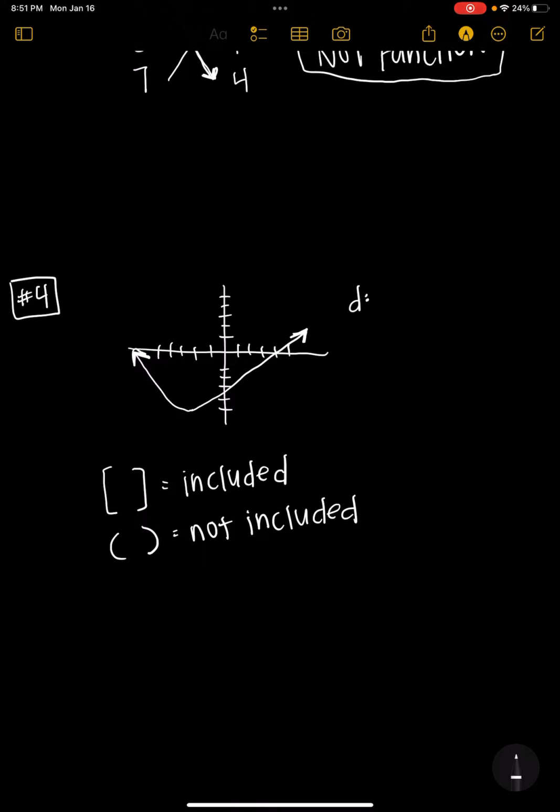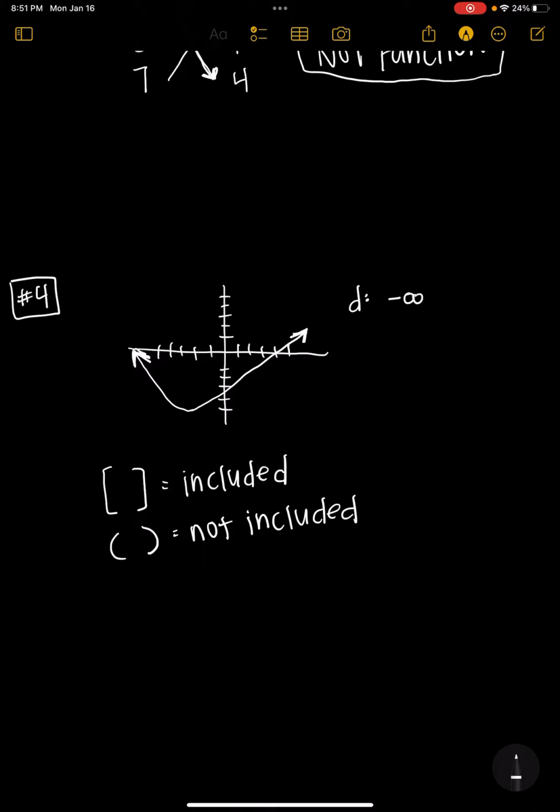Instead, the way that you want to think about it is the very leftmost x to the very rightmost x for the domain. In this case, the very leftmost x, because it just continues to go left and left and left, is -infinity. Because we can start from -infinity and then move forward.